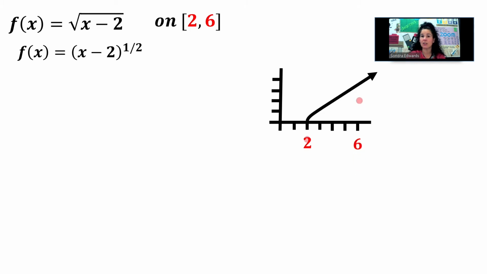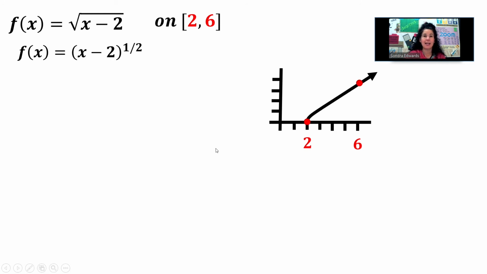So we're starting with a solid dot, we're ending with a solid dot. We can also see that this function is continuous and differentiable between 2 and 6. All right, so no cusps, no breaks, no asymptotes. Okay, it's differentiable and continuous. We don't pick up our pencil.